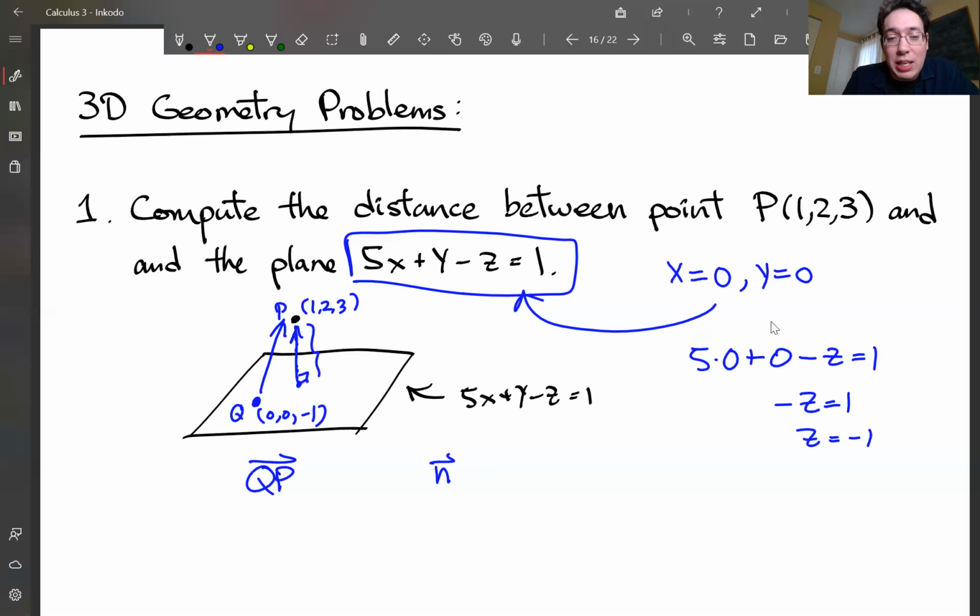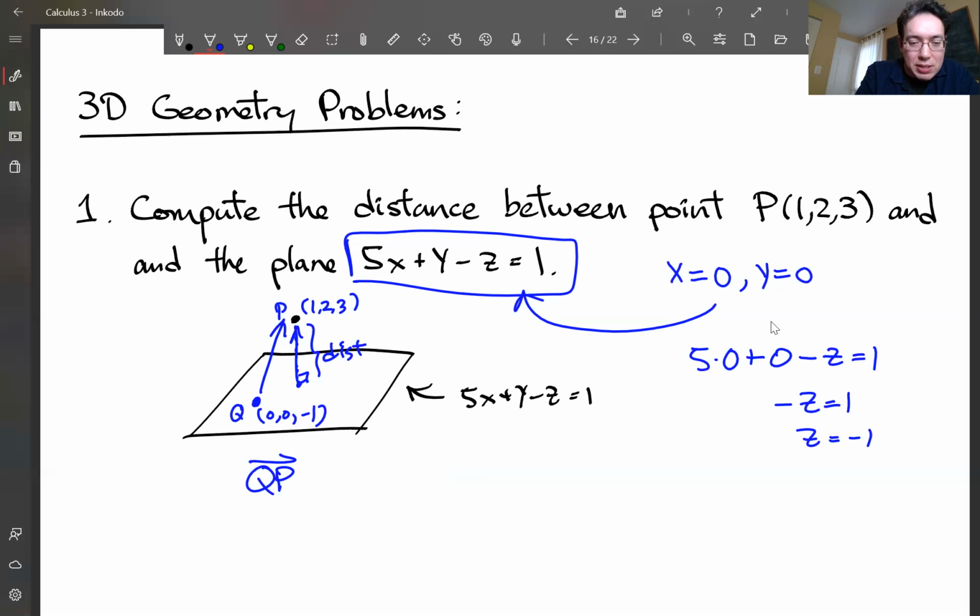So if I take the vector QP and project the shadow in the direction of the normal vector, I'll get this distance that I want.